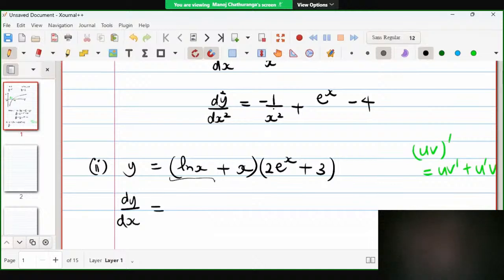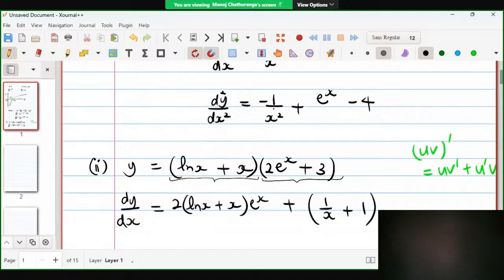This is our u, this is our v. So keep the first factor, differentiate the second factor, which is 2 times e to the x, plus, now differentiate the first factor, 1 over x plus 1, and keep the second factor.